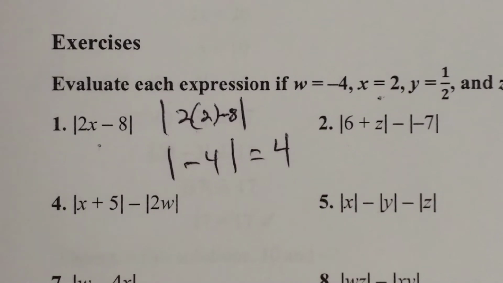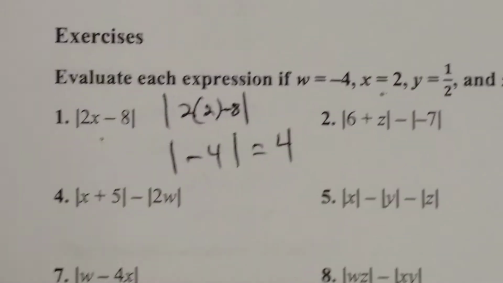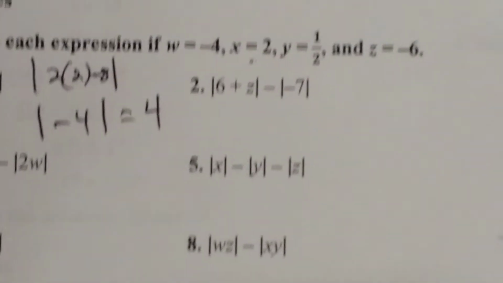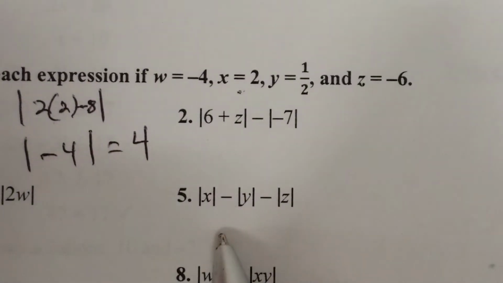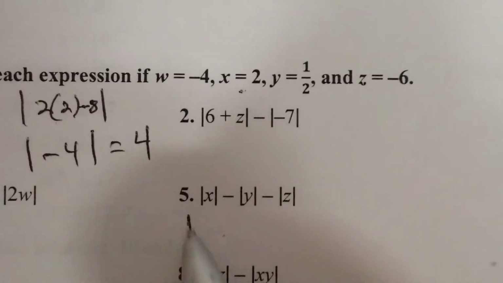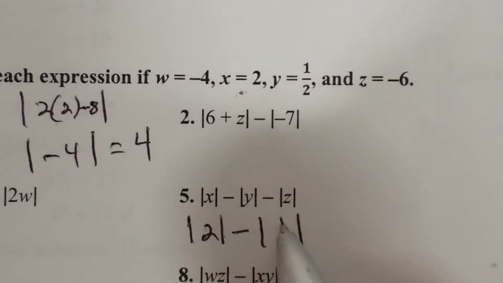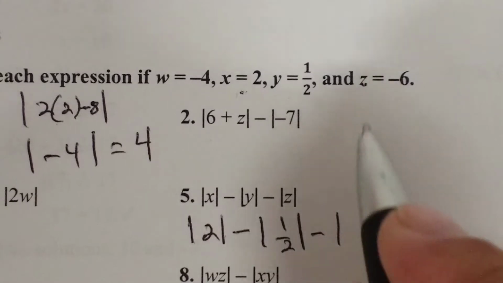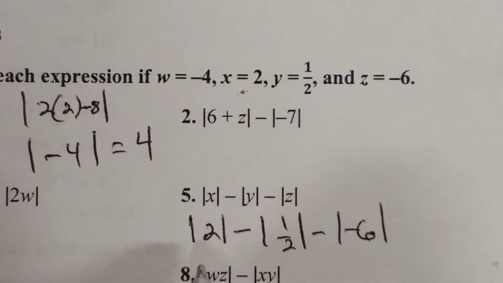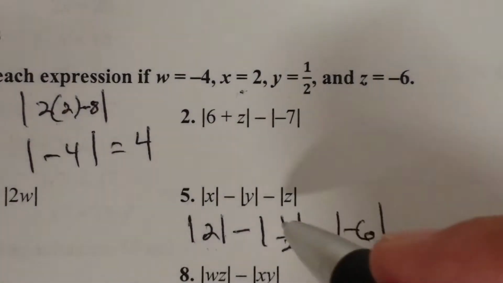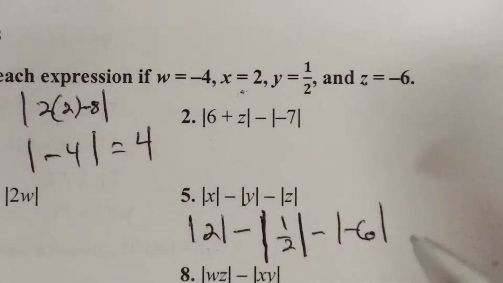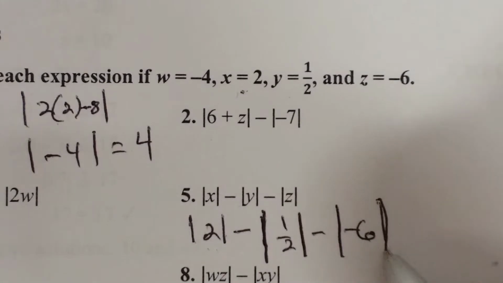If you have more than one absolute value bar, then you do them one at a time. For example, number 5 here. I'm going to substitute all these numbers for the variables: the absolute value of x minus the absolute value of y minus the absolute value of negative 6.